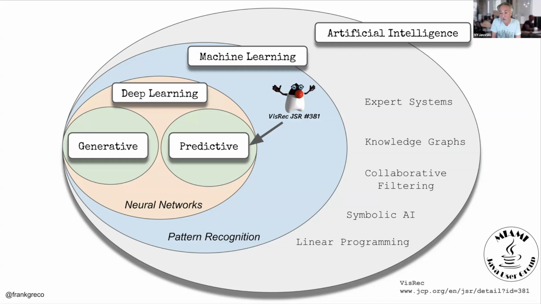Machine learning is a system that looks at data and derives patterns. It's an AI system that looks at data, and without writing explicit code, determines patterns. That's what machine learning is. The machine learns patterns from the data, hence the term machine learning. So that's a subset of AI.